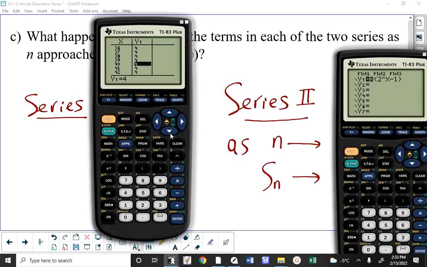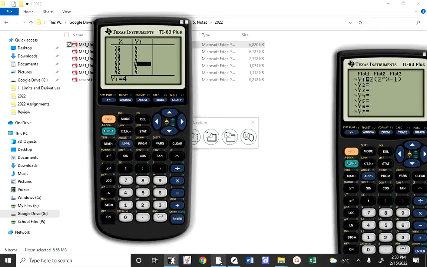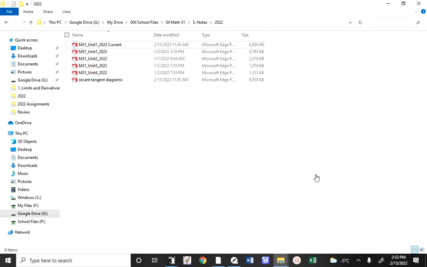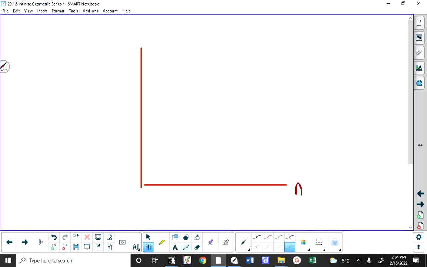Okay. So what's happening here, this is really difficult to visualize. I'll try showing this to you on a graph. What's happening here is when n is 1, there's a certain value of 2.